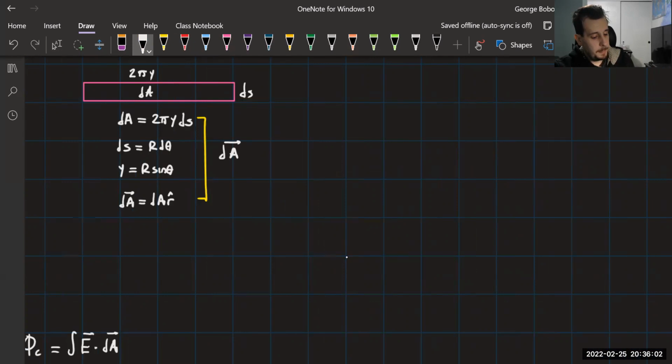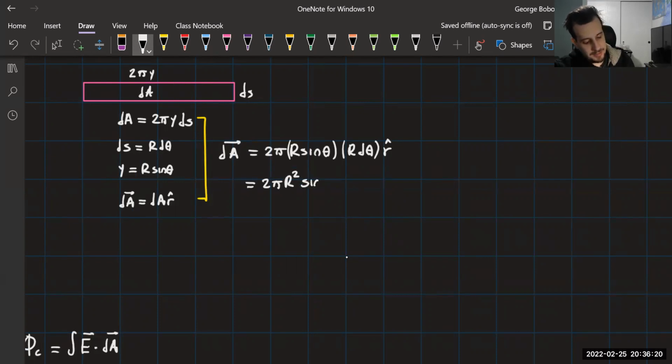So dA is going to be 2 pi r sine theta, r d theta, r hat. And so that is 2 pi r squared sine theta d theta r hat. Beautiful. Very, very good stuff.